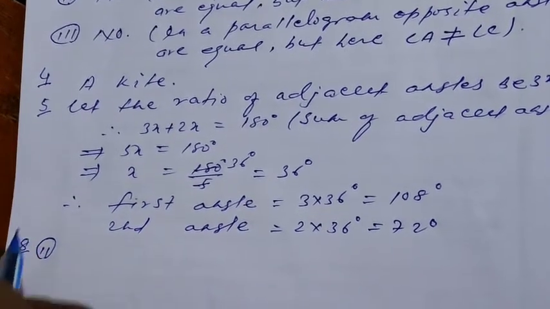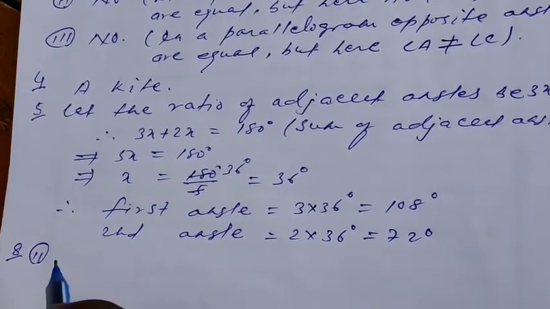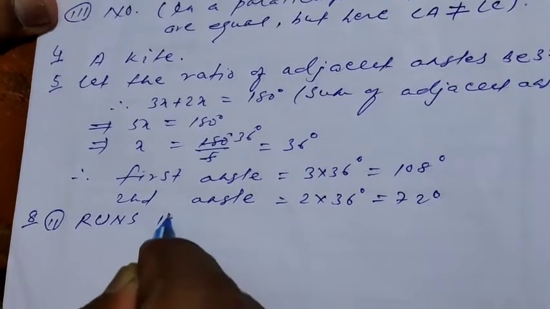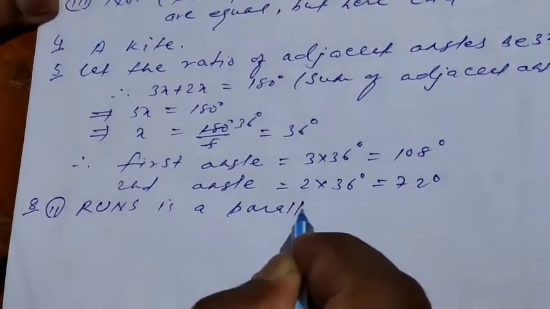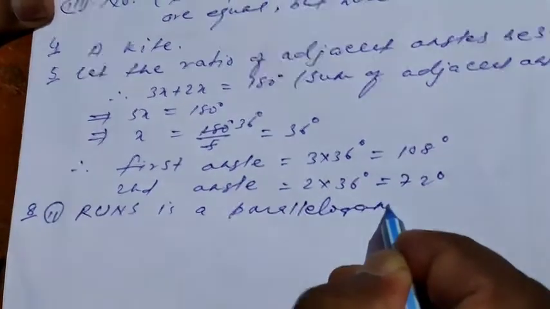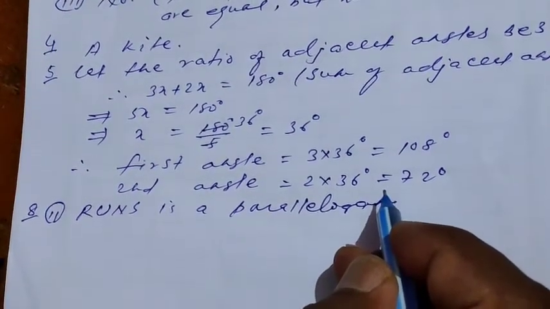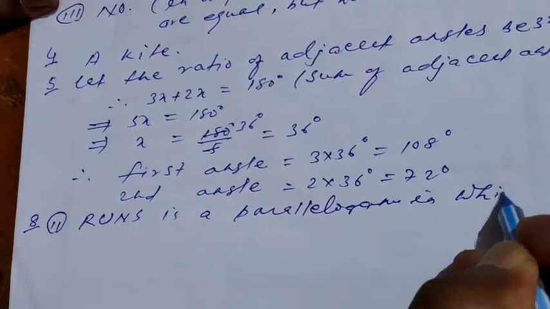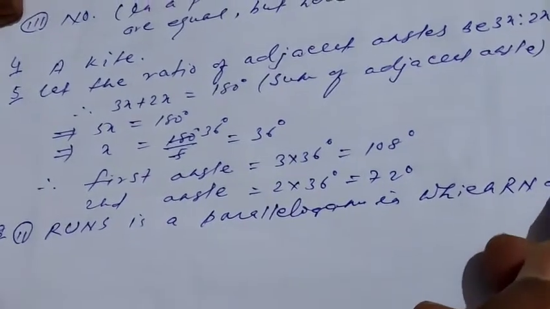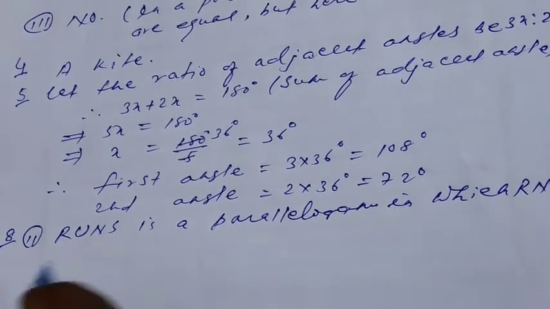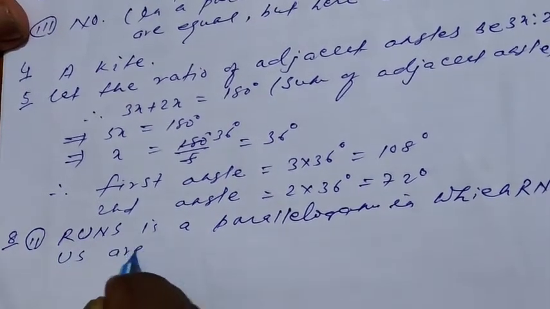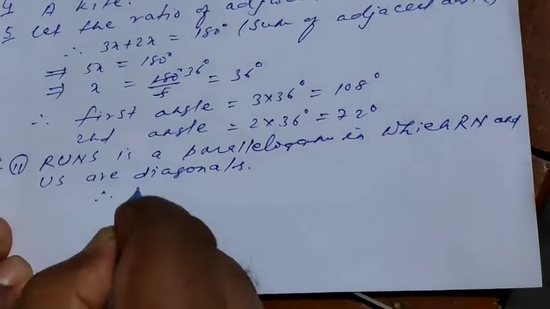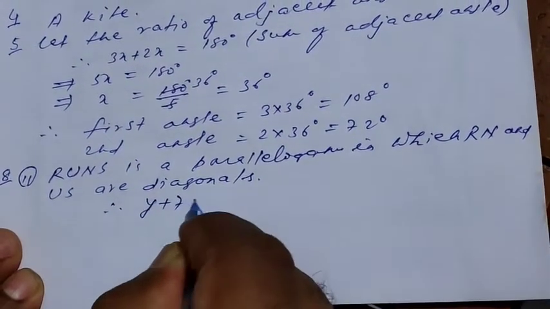You have to find the value of x and y, and therefore RUNS is a parallelogram, in which RN and US are diagonals. y plus 7 is equal to 20.